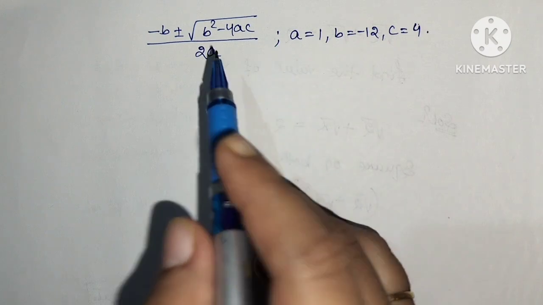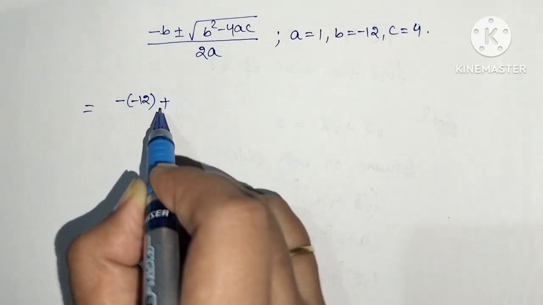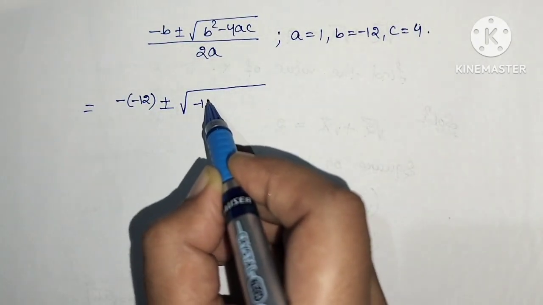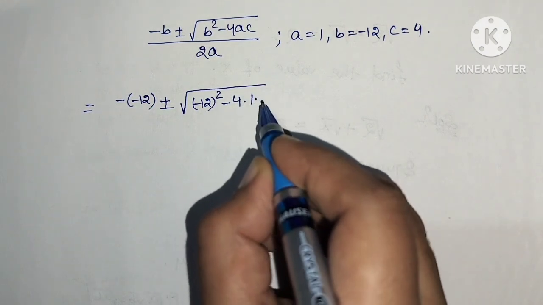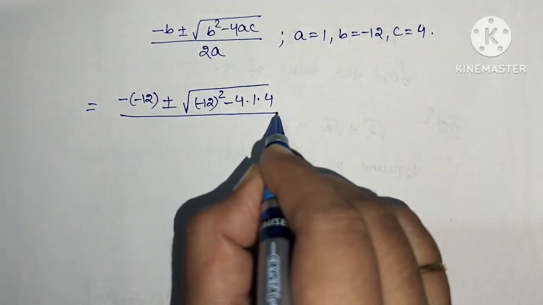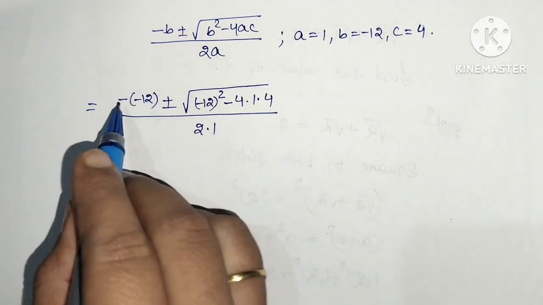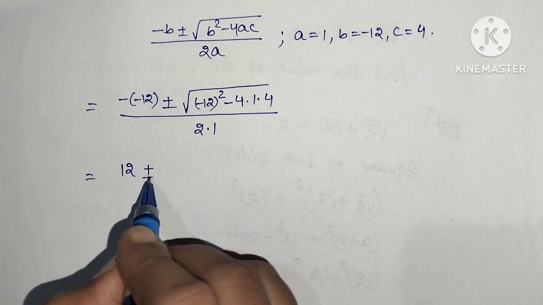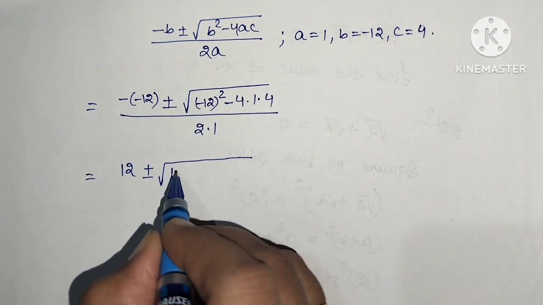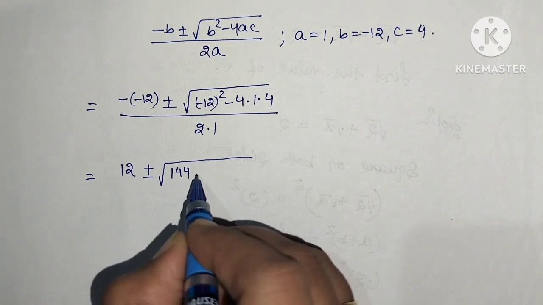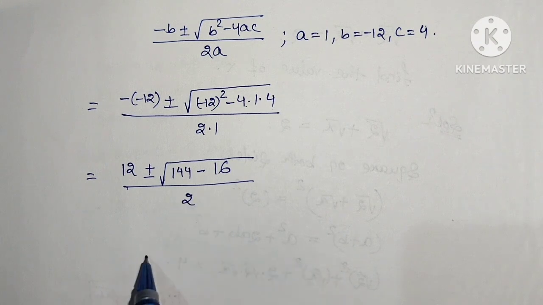We apply all these values. Minus of minus 12 plus minus root of (minus 12) whole square minus 4 into 1 into 4, divided by 2 into 1. This is equal to minus minus, it is plus, 12 plus minus root of minus 12 square, it is 144, minus 4 into 4, it is 16, divided by 2.